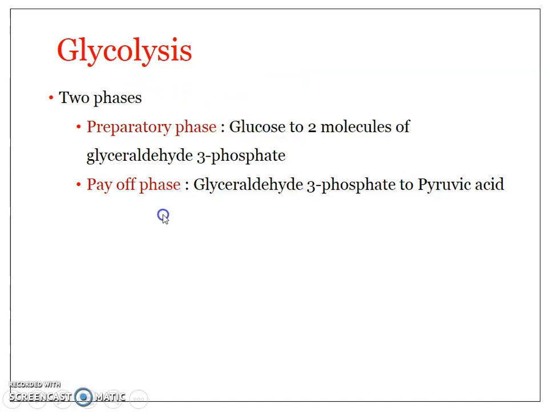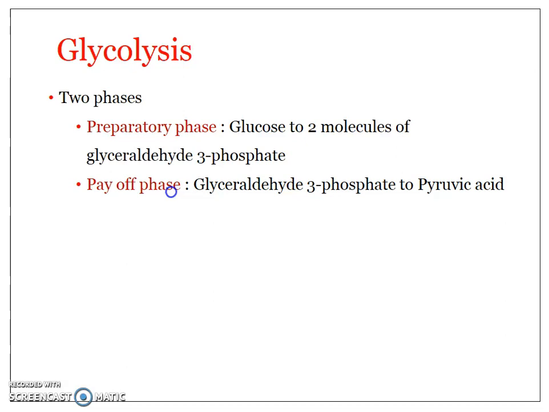The second phase is known as the payoff phase, where ATP is produced. It is the energy conserving phase, or conservation phase.